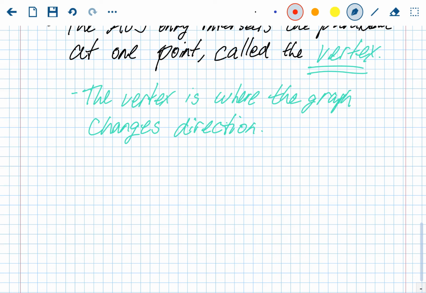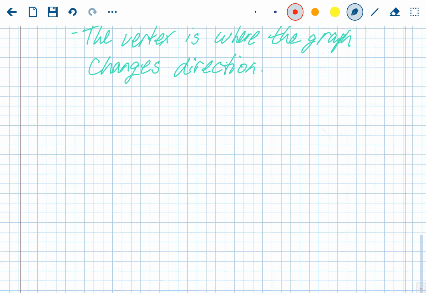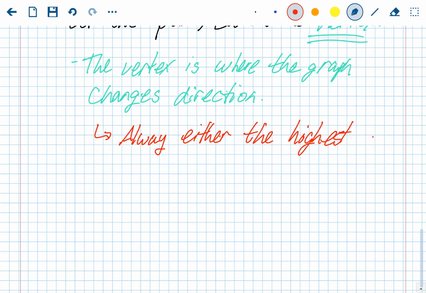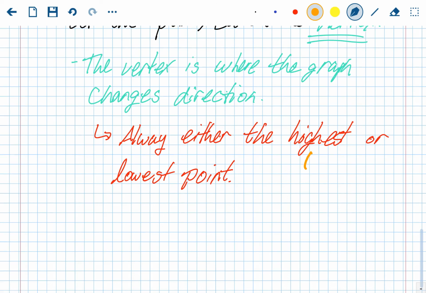So the vertex is always either going to be the absolute highest point or the absolute lowest point.